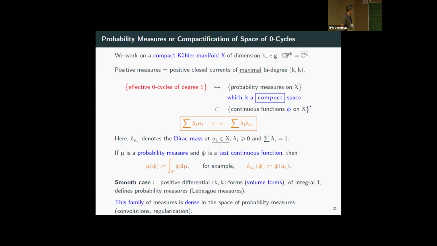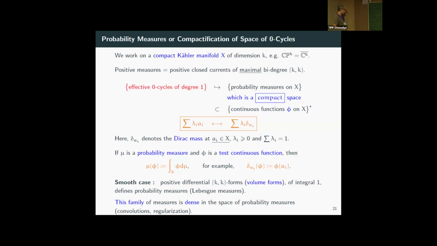So given a measure mu, you have a linear continuous form on this space of continuous functions, which means that you can identify your measure mu as an element in the dual space of this functional space. Okay, so you can see this object by duality, by testing function.